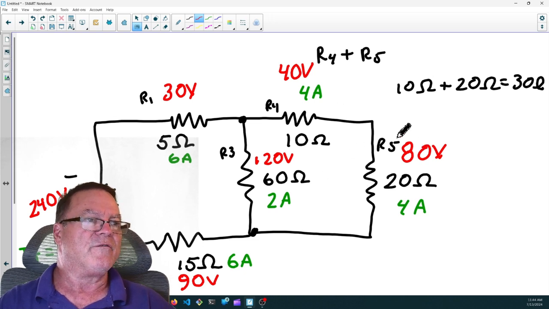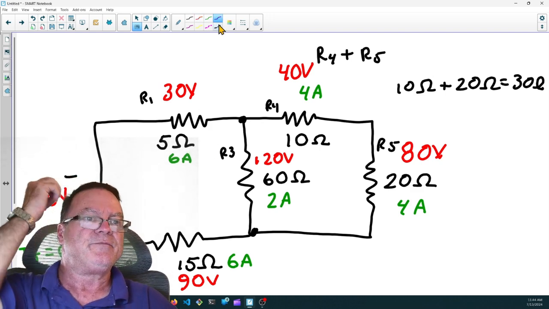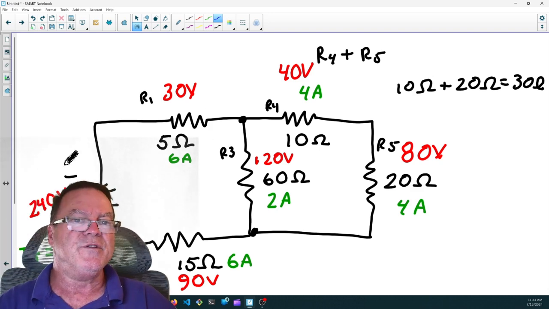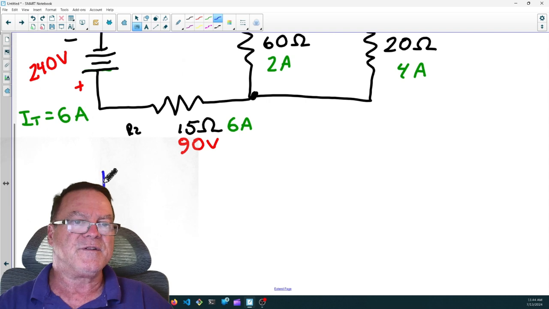We know all of our voltage drops. We've solved this, and we could even go back and do power if we wanted to. We could use any one of the three power formulas.